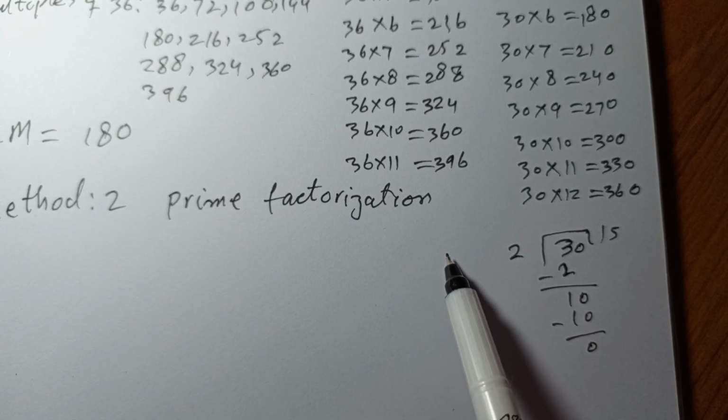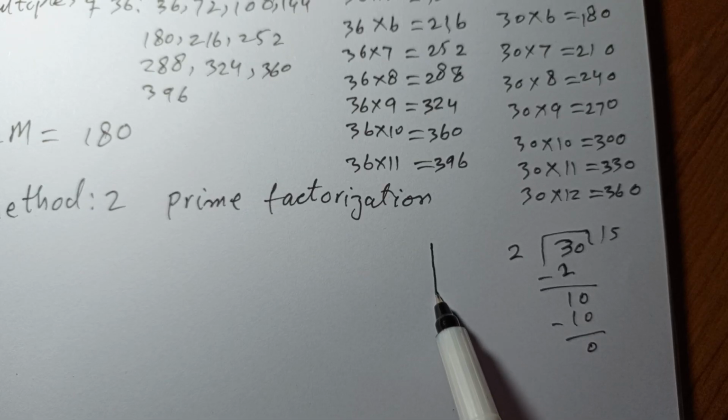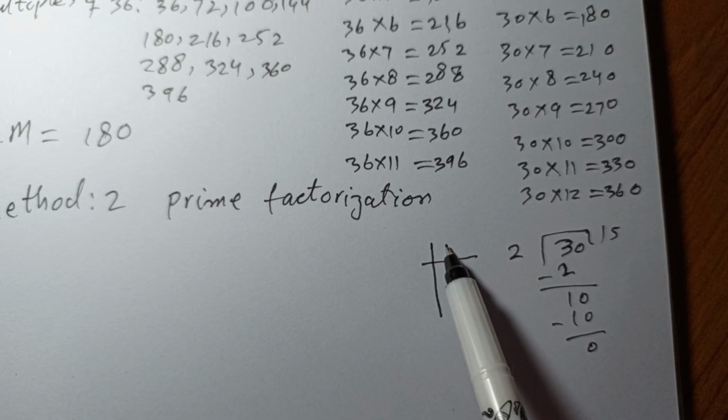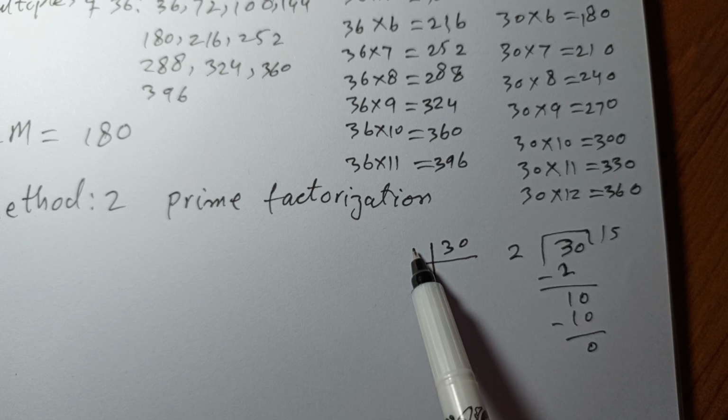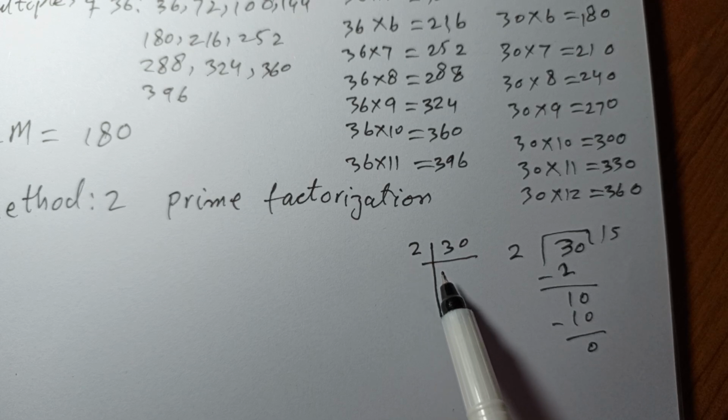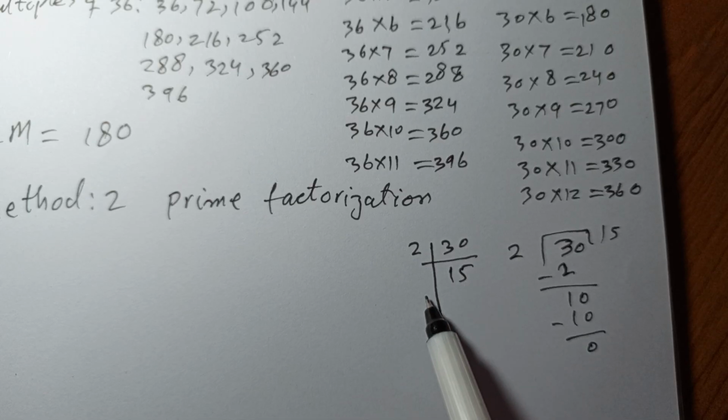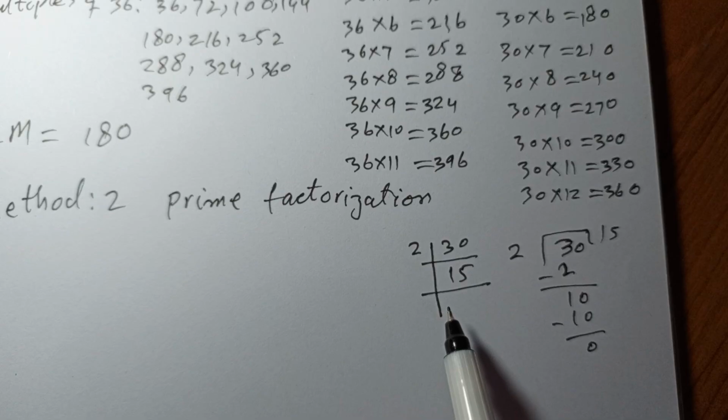So to get prime factors, you will write 30 here. After dividing 30 by 2, you will get 15. Now 15 can't be divided by 2.